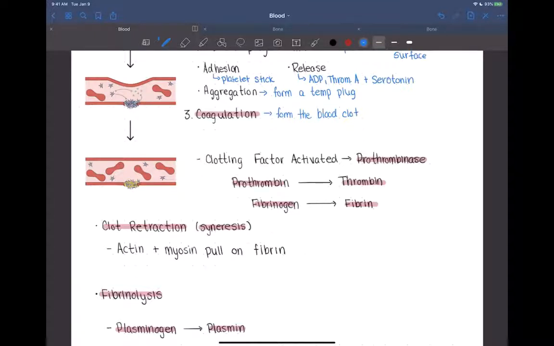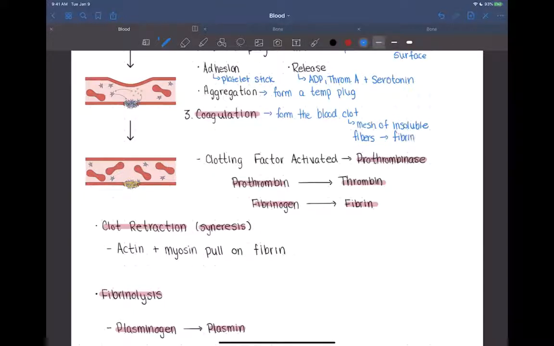You can kind of see it here, this woven yellow mesh of insoluble fibers that are going to span that whole broken area and plug it up. So it's a mesh of insoluble fibers.